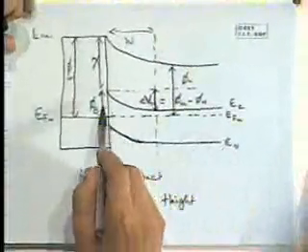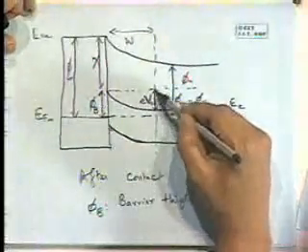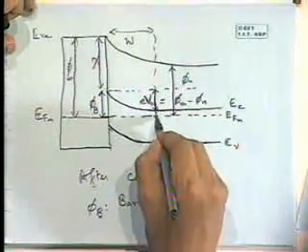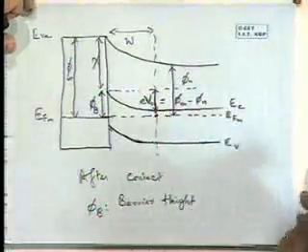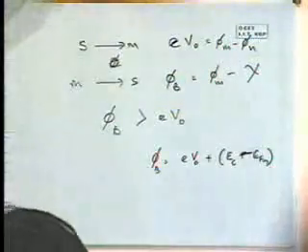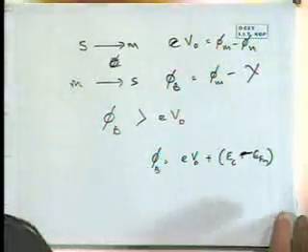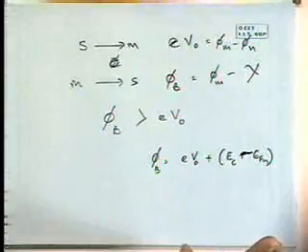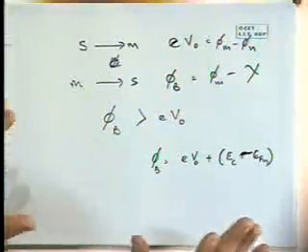If you look into your figure, phi b is equal to this distance plus this distance, which is EC minus EFN. This is the situation when equilibrium has been established, the metal has been deposited on the semiconductor, electron flow and all that has taken place, equilibrium is established, and we know the barriers for both ways.